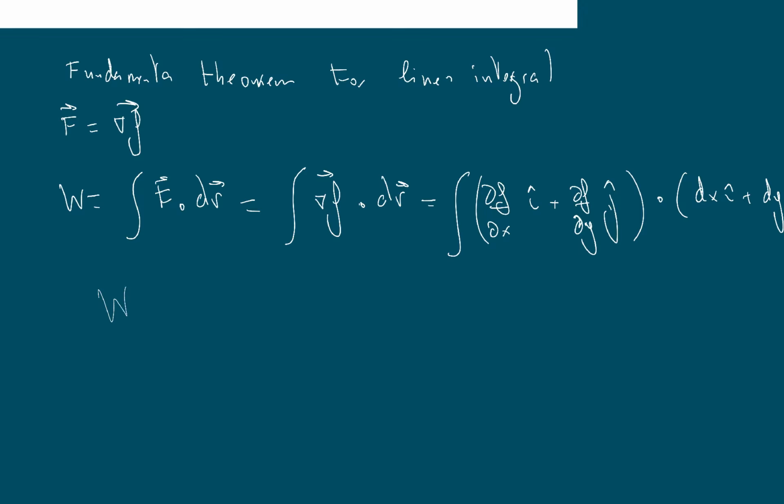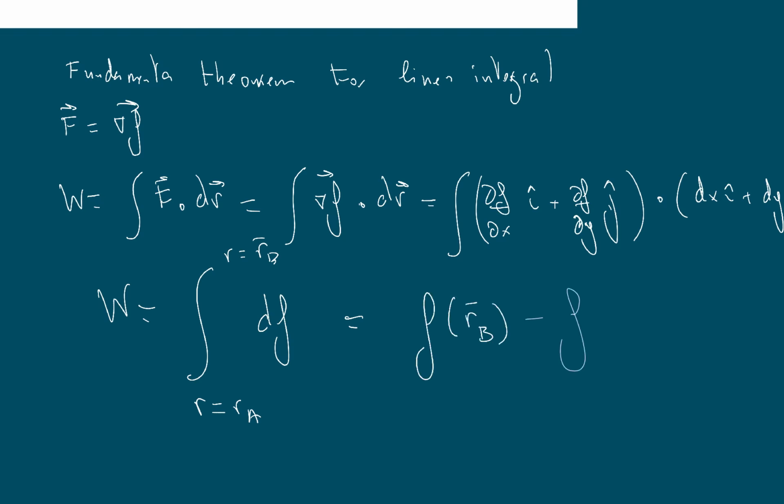But this work is the integral from r equals r a to r equals r b of what? Of this dot product. But what is this product? It is the change in f. So this will be f evaluated at the point b minus f evaluated at the point a.